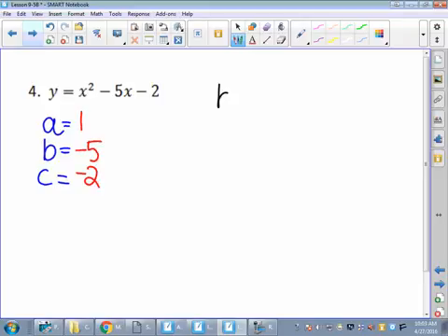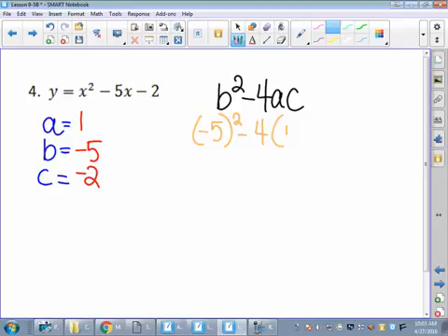So when we do b squared minus 4ac, I want to know the value of the discriminant and what it tells you about how many and the type of roots. So b squared would be -5 squared, minus 4 times 1 times -2. Watch those signs.